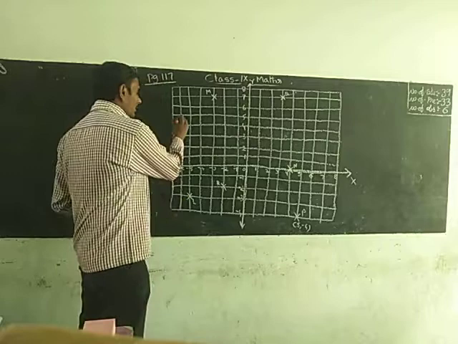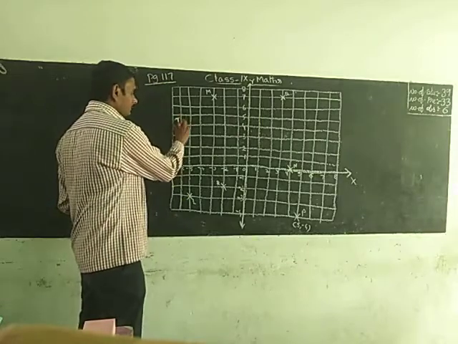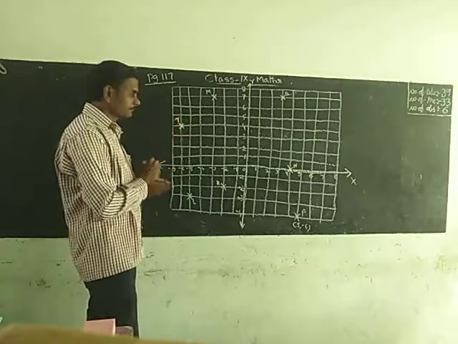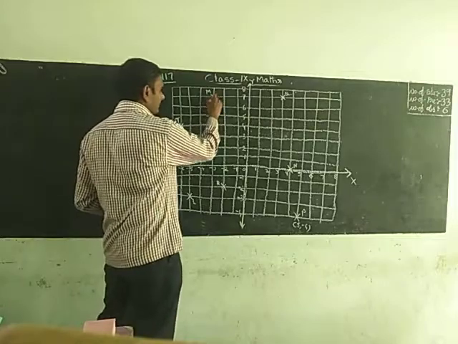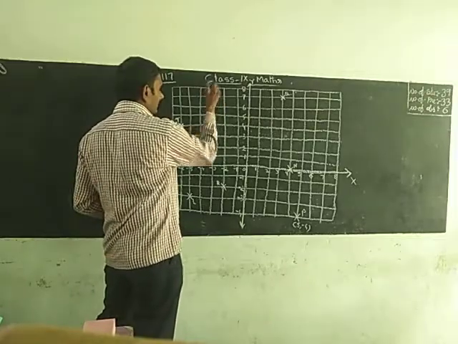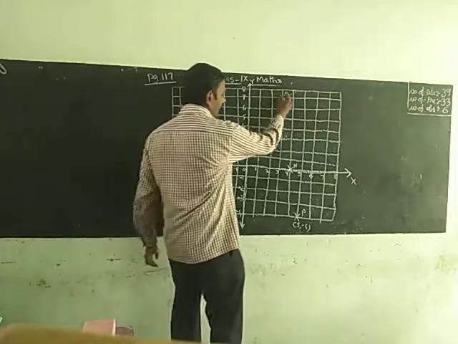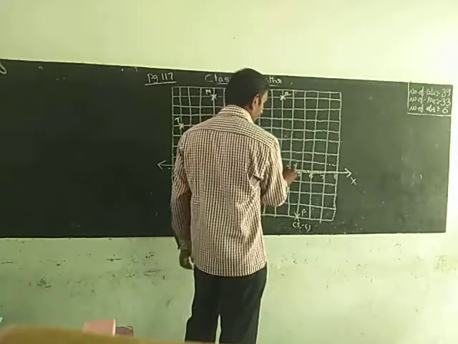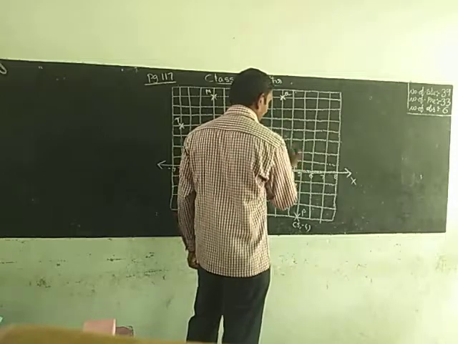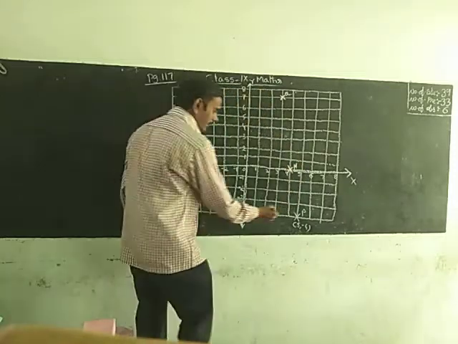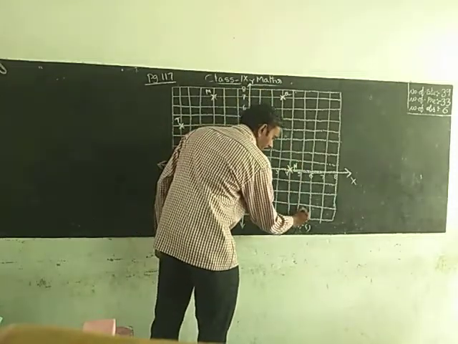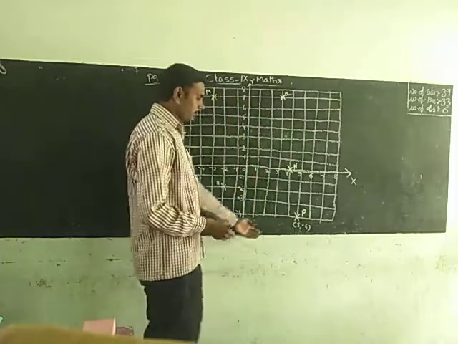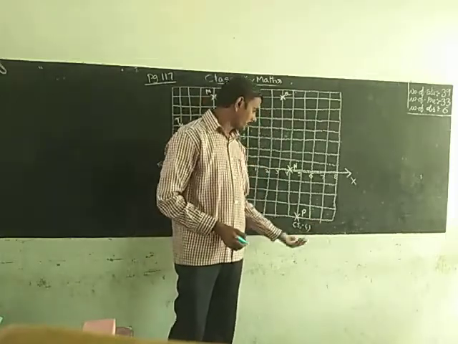Can you identify the points? T is located here. M is located here. Next, Q is located here. Next, N is located here. Next, P is located here, and beside P some numbers are also given, 5, -4.